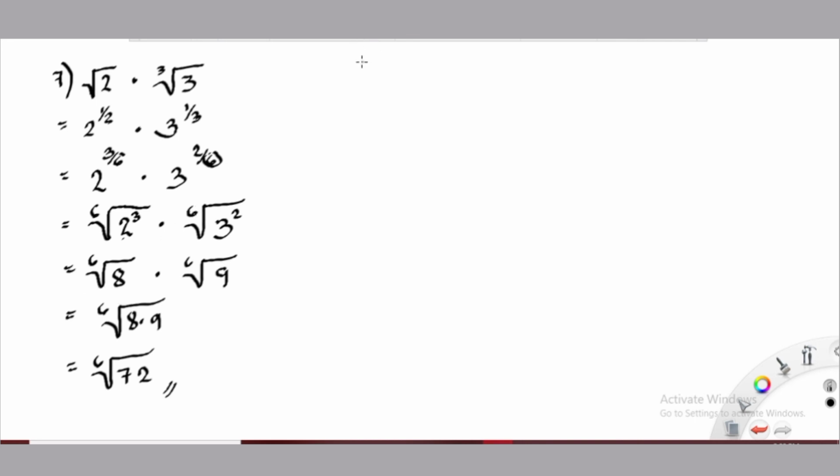Another example. Example number 8. If we have, let's say, the 4th root of 2 times the cube root of 2. So, their indexes are different again. Alright, so the same as what we did with number 7, we'll do the same with number 8. So, let us write their exponents in fraction form.